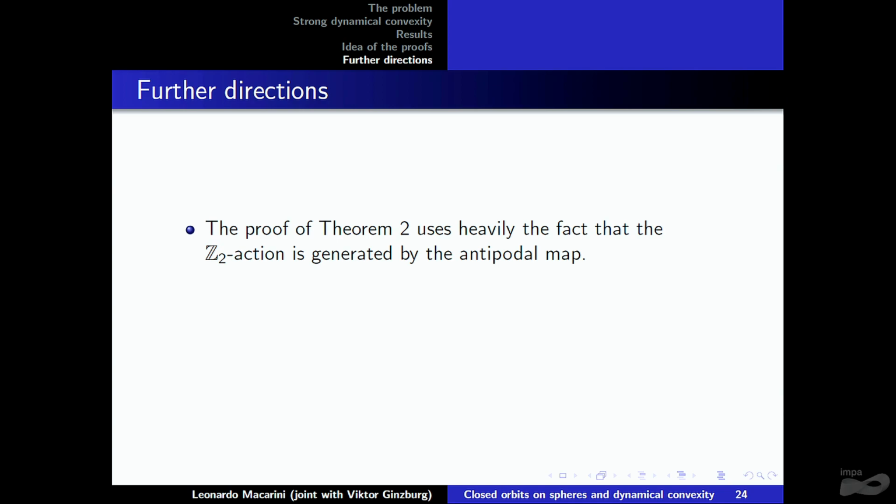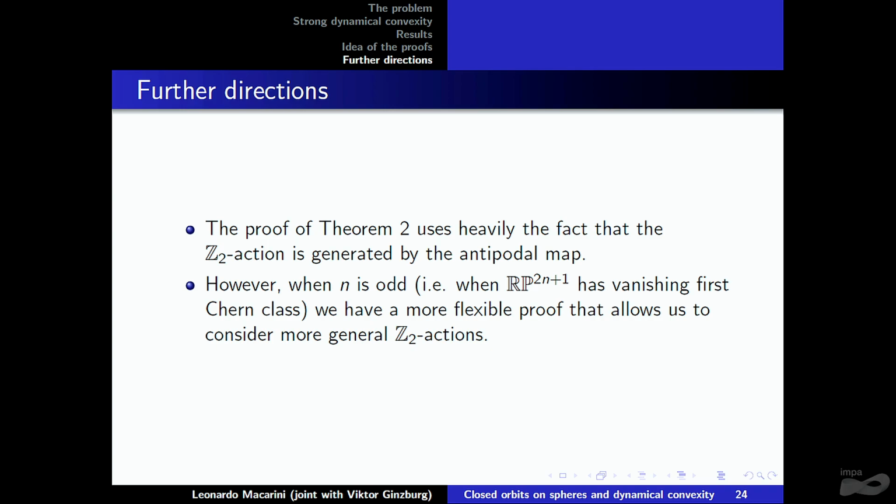So you see, we used heavily the fact that the Z2 action is generated by the antipodal map. However, when n is odd, which means that the corresponding real projective space has vanishing first Chern class, we have a more flexible proof that allows us to consider more general Z2 actions.